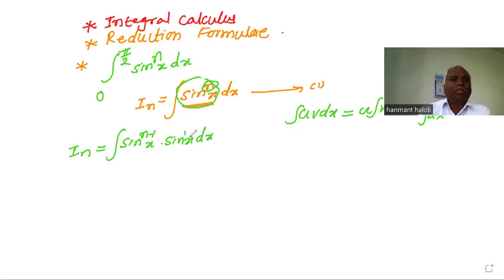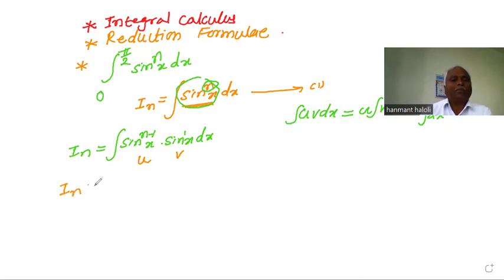Now for this integrand we are going to use the UV rule. Out of these two, one function is u and the second is v. You can choose any u and v, but while choosing you must make sure that the function is differentiable as well as integrable.